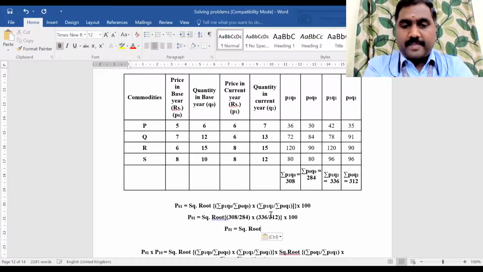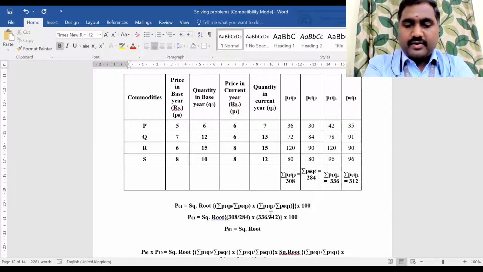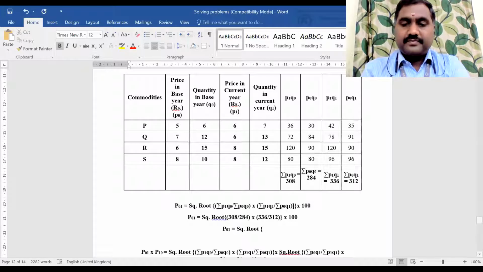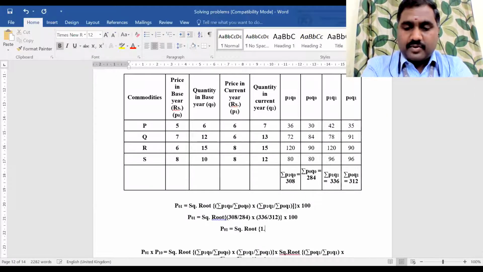Now tell me, what is the value of 308 divided by 284? 1.084. Okay.